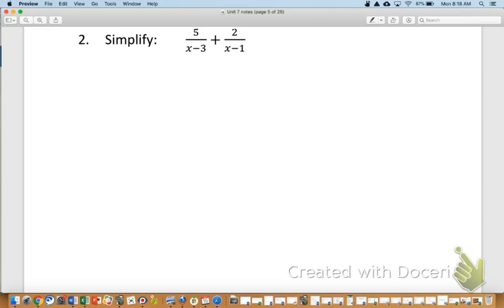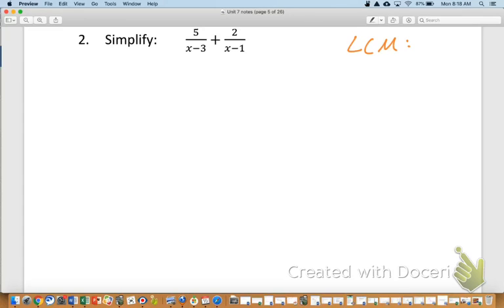So I'm here to tell you that x minus 3 and x minus 1 are completely different numbers. I realize they both have an x in there, but they're totally different numbers, kind of like the 11 and the 13. So the way that you get the least common multiple there is you just go 11 times 13. The way that you would get the least common multiple here with the x minus 3 and the x minus 1 would be this right here.